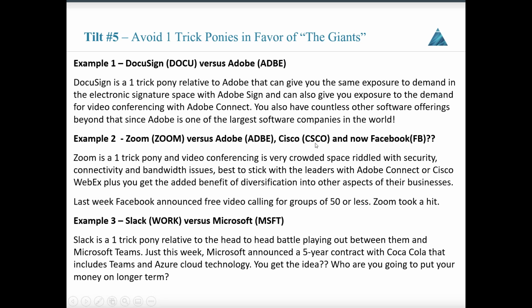If you go with Cisco for WebEx, you've just aligned yourself perfectly to the network of 5G, okay? So not only do you have exposure to WebEx for video conferencing, which is one of the premier platforms, but you've literally just entered the race between Huawei and Cisco, and I don't know who you'd put your money on, but at this point, I would put my money on Cisco getting contracts in the U.S. for the 5G network over Huawei, okay?